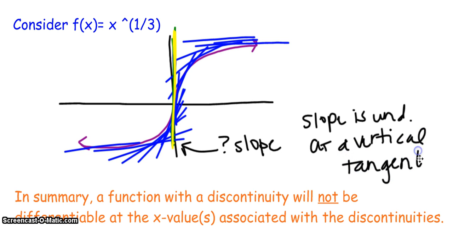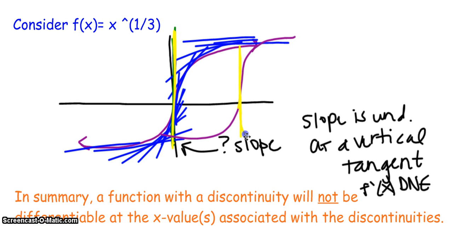Which means our derivative does not exist wherever that vertical tangent may be. In this case, it's at 0 because of this function, but this graph might have been shifted over like this, in which case that vertical tangent would have happened right there. And if we're looking for the slope of that yellow line, the slope is undefined, which means therefore the derivative is undefined.